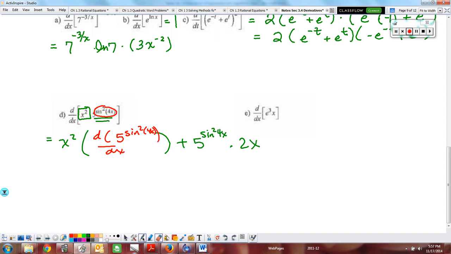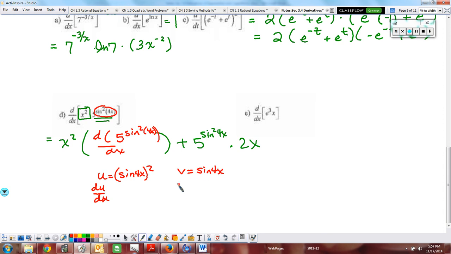Alright, so we have u equal to sine of 4x, and I'm going to write it squared. So I need to find du dx. Now to find du dx, I really am thinking of this with a v. V is going to be sine of 4x. I'm working my way in. Right?